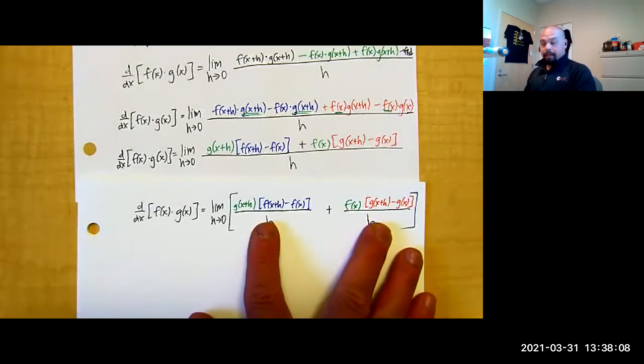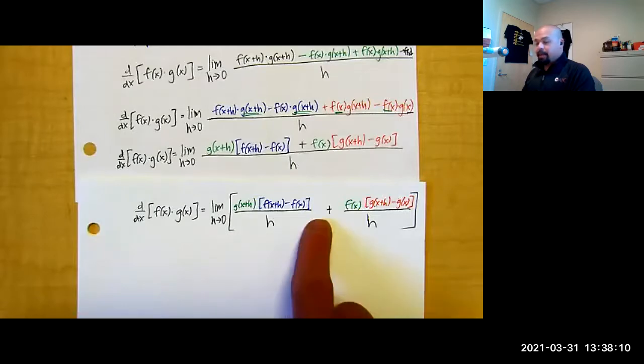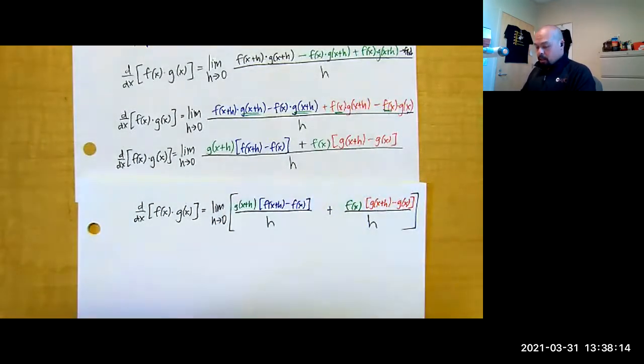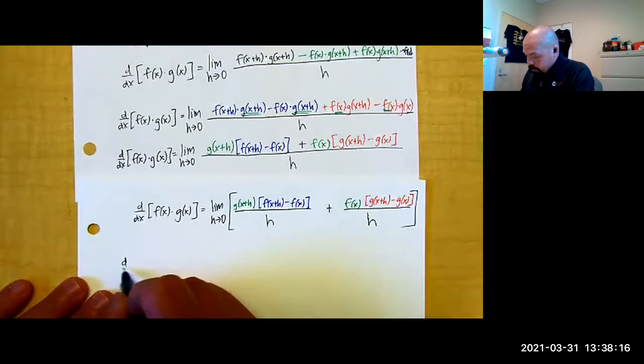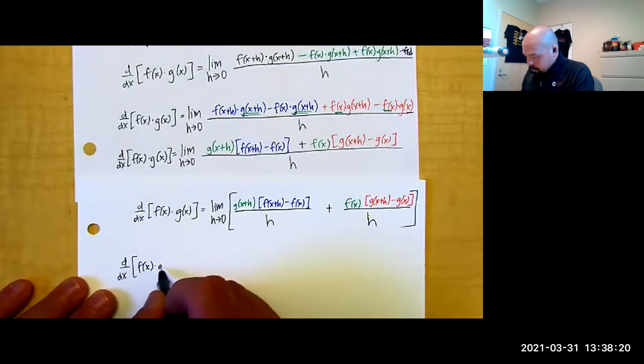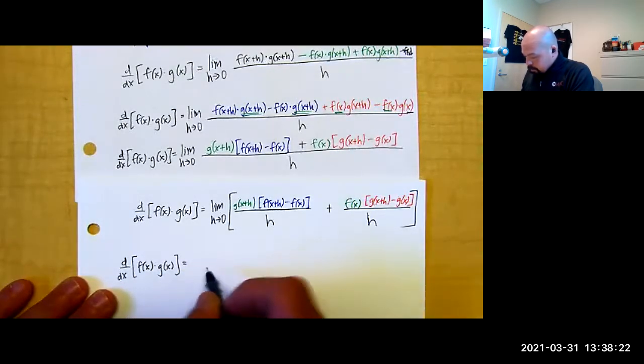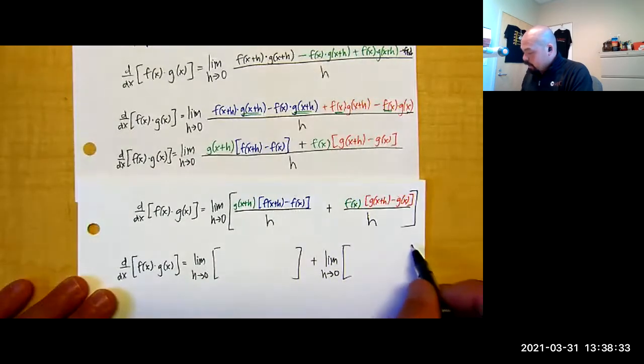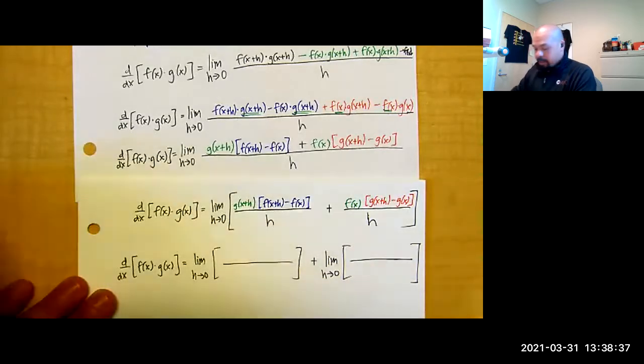I'm going to do two things here. We're taking this limit of a sum, right, of these two components. So from our limit laws, I can separate that limit or that sum into those individual limits. I break apart the limit or separate that sum into these two limits.